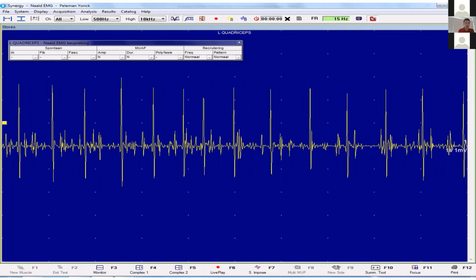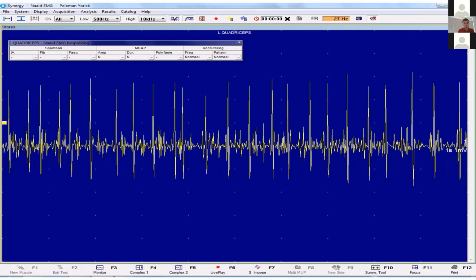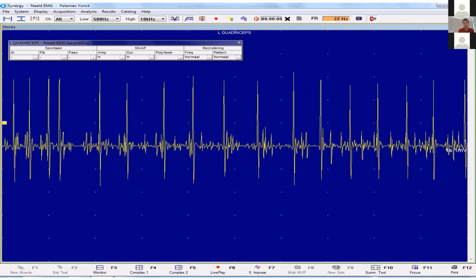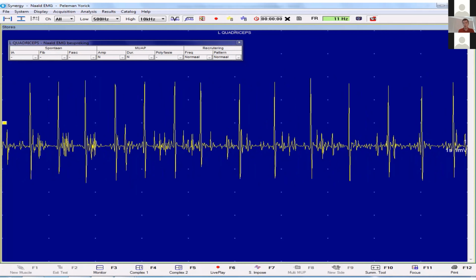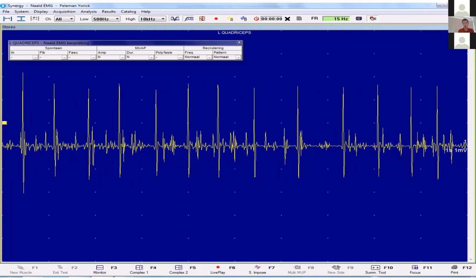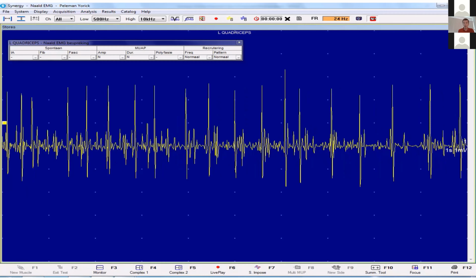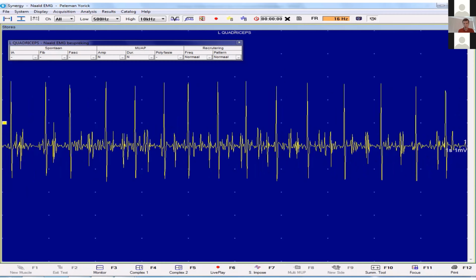We consider this a poor contraction pattern. There is a reduced recruitment because we were expecting more motor units to be recruited already, and there is a higher frequency of the same motor units.